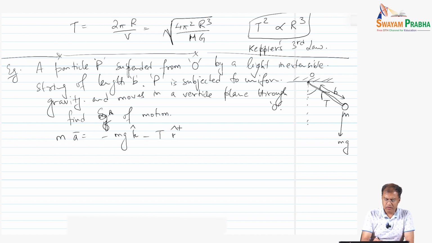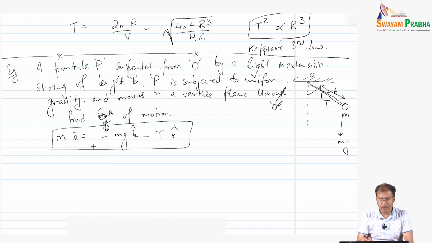So this is the total force balance: mg is acting vertically downward, and the tension is acting radially along the string. And from here I can write my equation of motion in polar coordinates. So we see that this is going to be minus m b theta dot square.